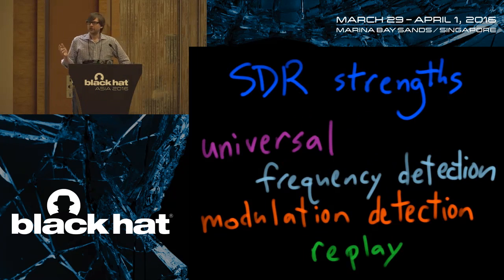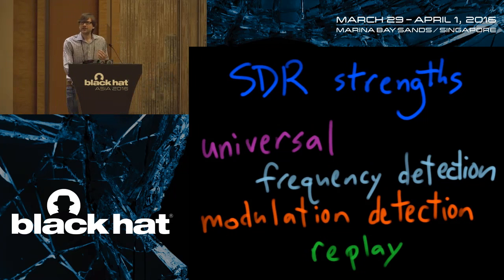And SDR has a number of strengths, and in particular, the greatest strength is that it's universal. You can implement any kind of modulation with software-defined radio because it is completely describing everything that happens in that bandwidth for a period of time. And so any modulation that fits within that fixed amount of bandwidth can be implemented with a software modem in software on my laptop.